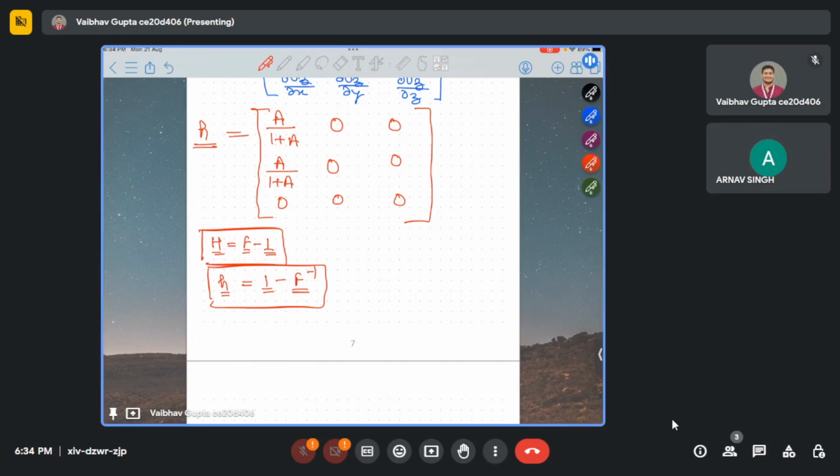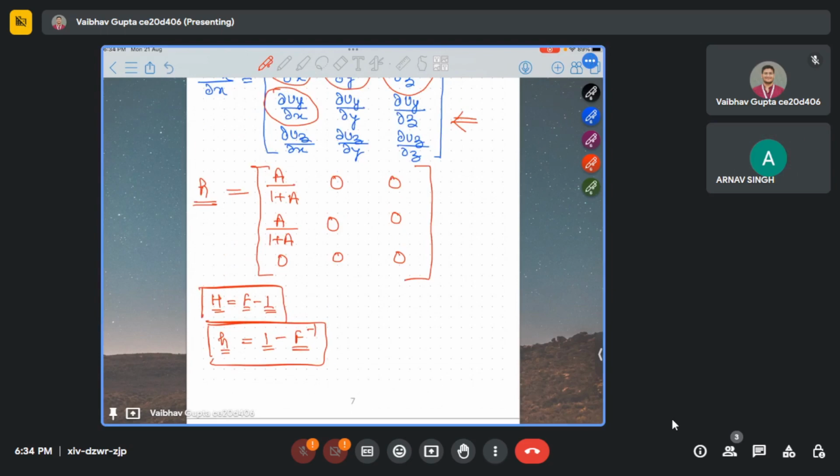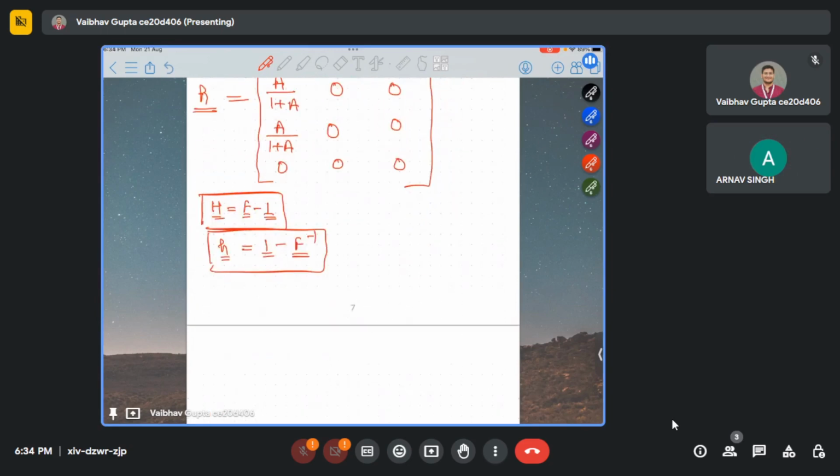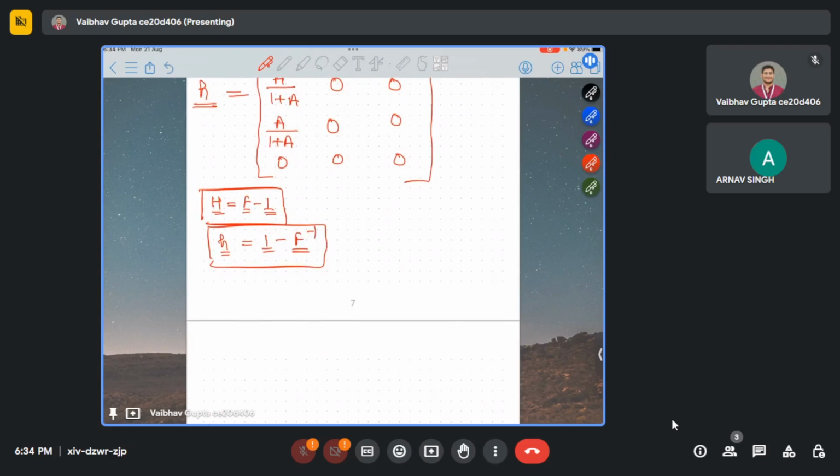So you can either find h with the help of this matrix, or you can find h with the help of the deformation gradient. If I take the inverse of F, I will write what the F inverse is.